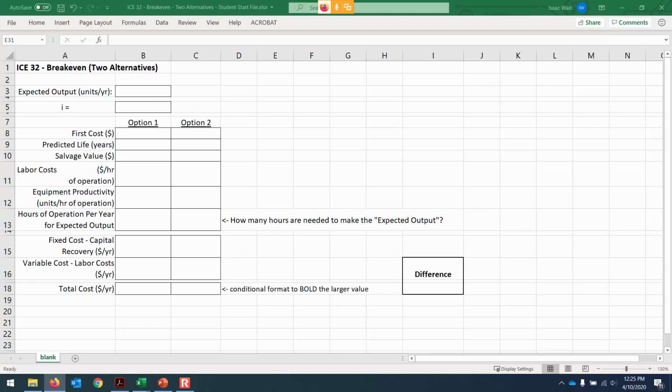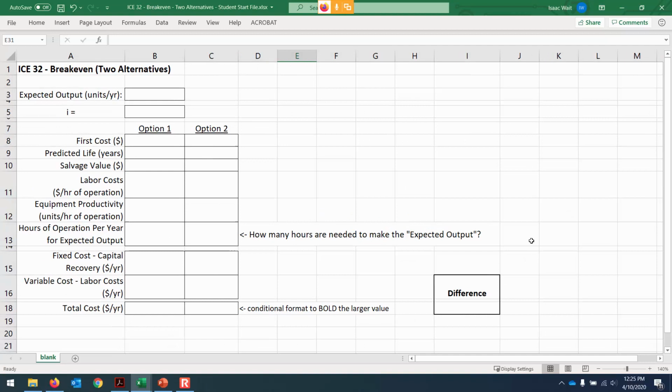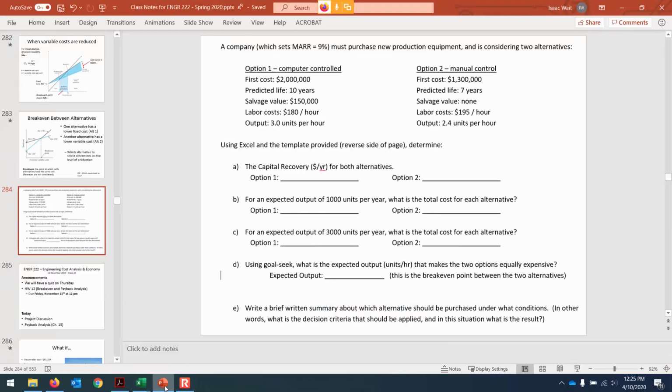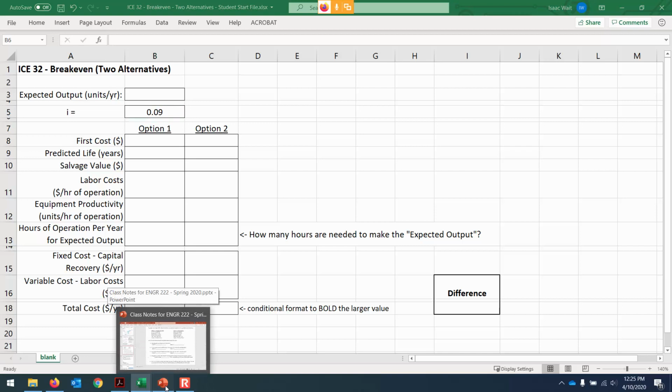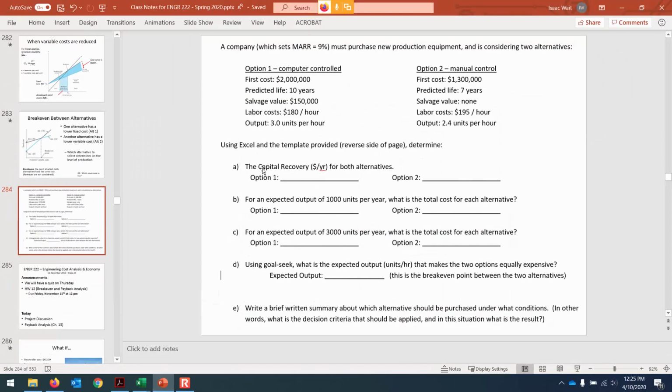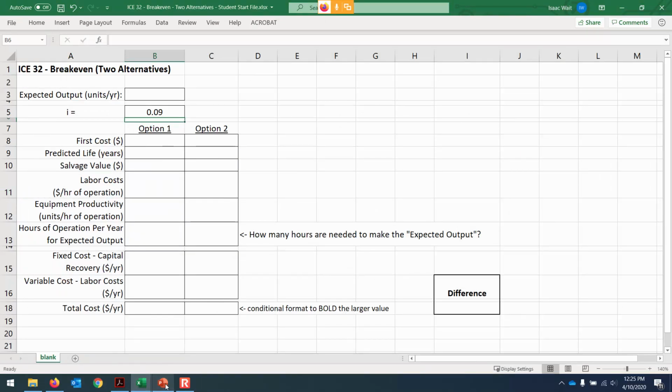What I'm going to do is pause for a moment, and I'd like you to start by putting in the interest rate. The interest rate that the problem statement says is 9%, so 0.09. And question A asks you to find the capital recovery, for both options. And you know what that is because you've seen it on the exam.